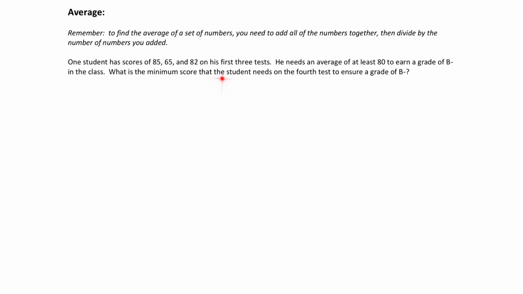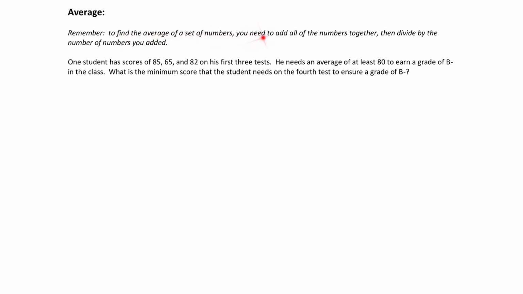So what's the minimum score that the student needs on the fourth test to ensure a grade of a B minus? Okay, and then this reminder up here is how to find an average. But this is something that you could possibly use, right? You're going to have 4 exams, but you only have 3. What do you need to get on the fourth to get the grade that you want? This is awesome.